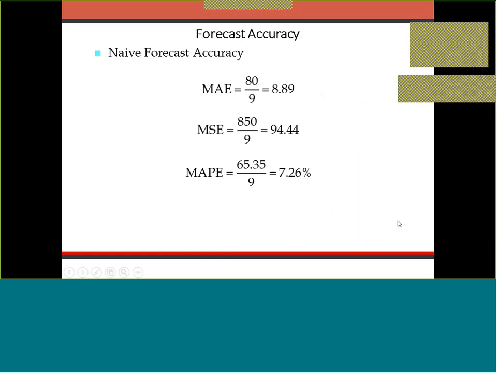Then please calculate the naive forecast accuracy. So mean absolute error is 80 by 9. Mean square error, and similarly mean absolute percentage error is total absolute percentage error 65.35 by 9, 7.26%.